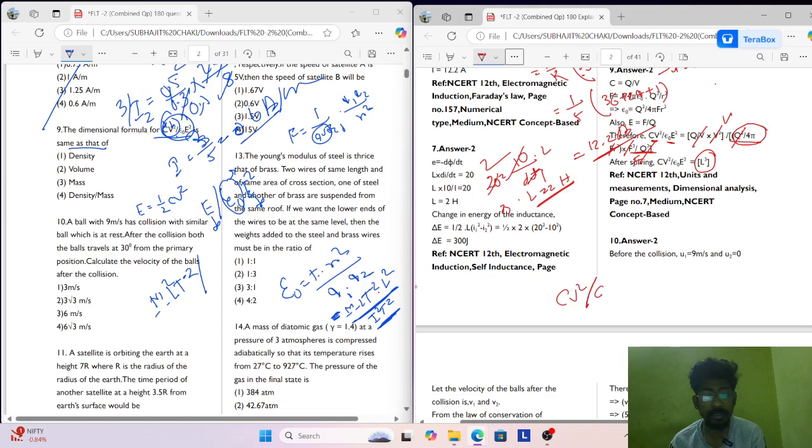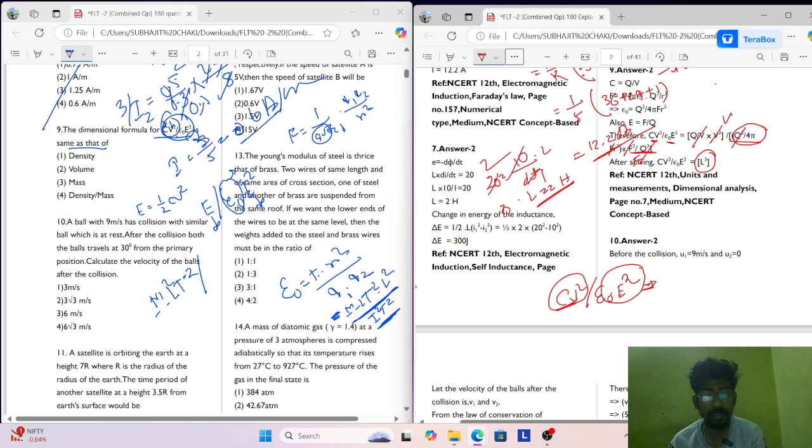CV square divided by epsilon E square. This is the formula of stored energy in a capacitor, and this is the formula of energy density.